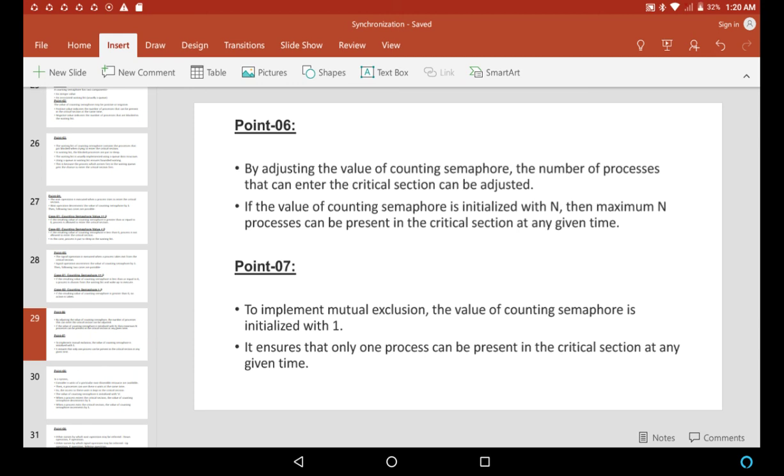Two more points: by adjusting the value of counting semaphore, the number of processes that can enter the critical section can be adjusted. If the value of counting semaphore is initialized with n, a maximum of n processes can be present. To implement mutual exclusion, the value of counting semaphore is initialized with 1.